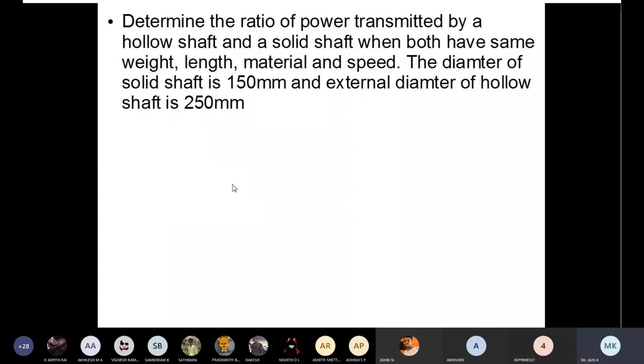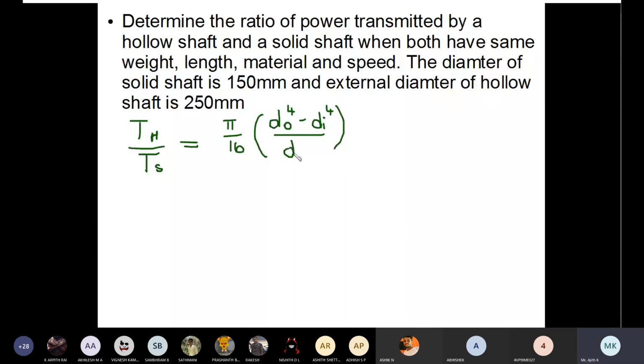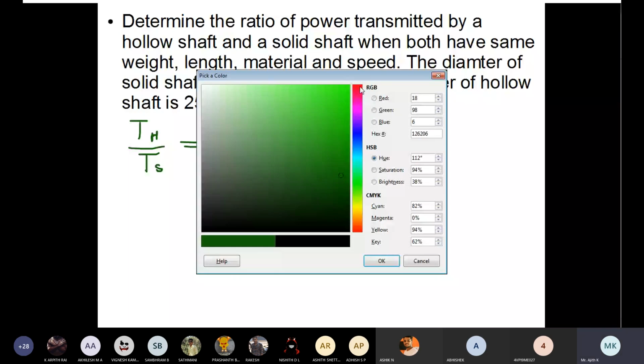Then you will get Th by Ts equal to pi by 16 into d naught to the power 4 minus di to the power 4, divided by d naught, into tau for the hollow shaft, divided by again pi by 16, this is for the solid shaft, d of the solid shaft to the power 3 into tau for the solid shaft. Cancel common terms, you will get the final answer.